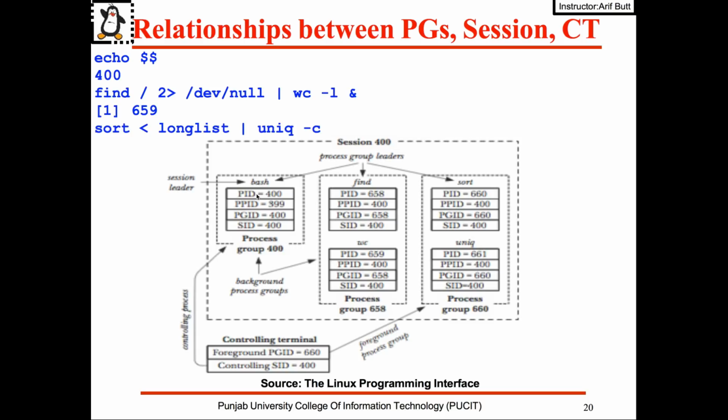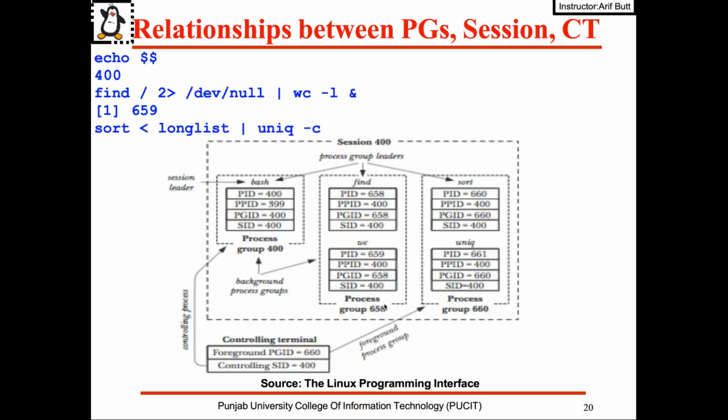This is a process group having the process group leader bash. This is a process group having the process group leader find, and this is another process group having the process group leader sort. Well, within this session we have three process groups, and this is the foreground process group, while these two are the background process groups.